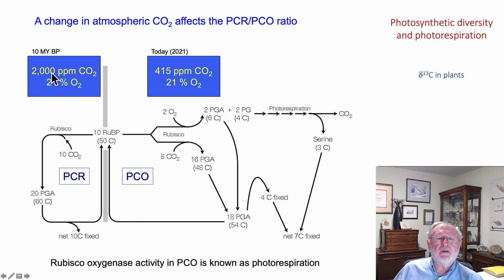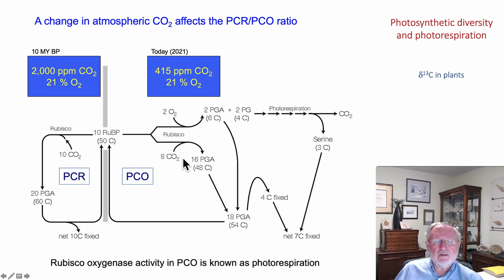That's what happens in an environment in which we have 2,000 ppm CO2 and 21% oxygen, similar to the environment we think existed about 10 million years ago. Today is a very different environment. We still have 21% oxygen, but we have only about 415 parts per million CO2.